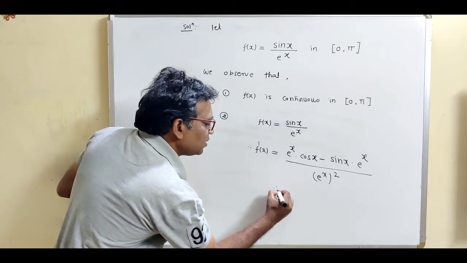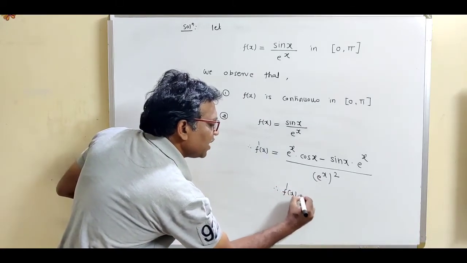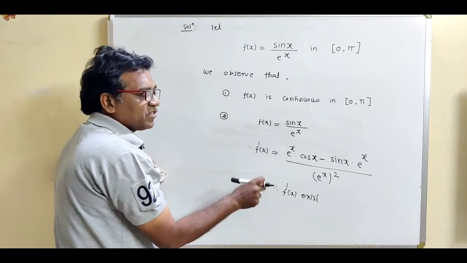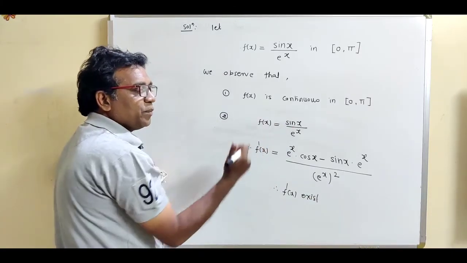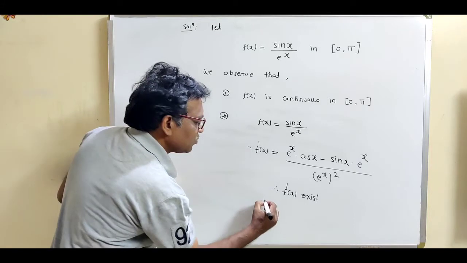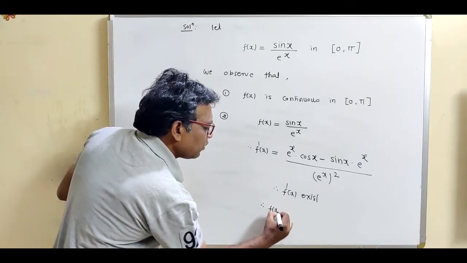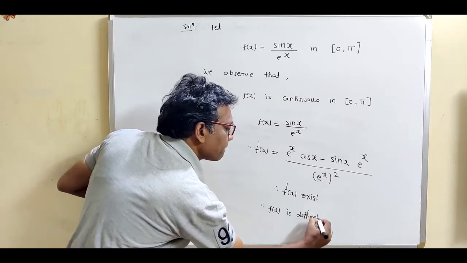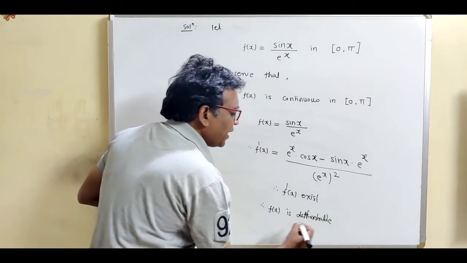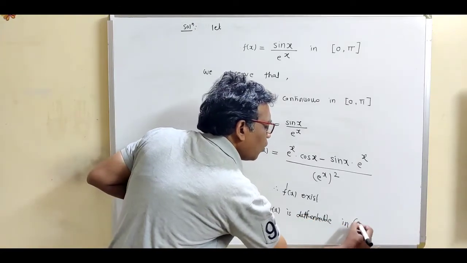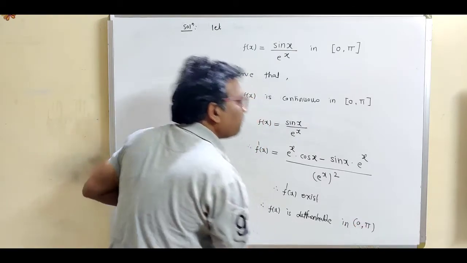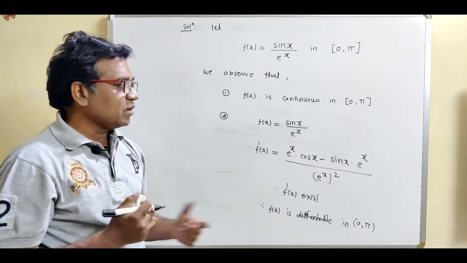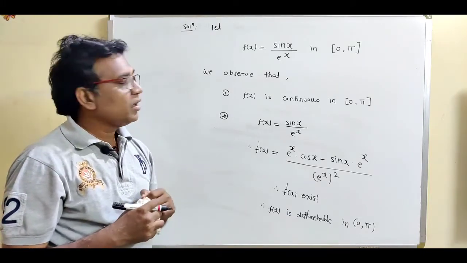Therefore f dash x exists. Derivative exists means the function is said to be a differentiable function. Therefore f(x) is differentiable, or derivable, in the open interval 0 to pi. So this is the second condition, about the differentiability.